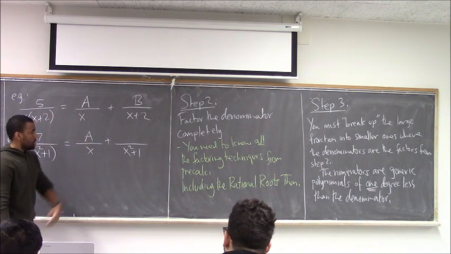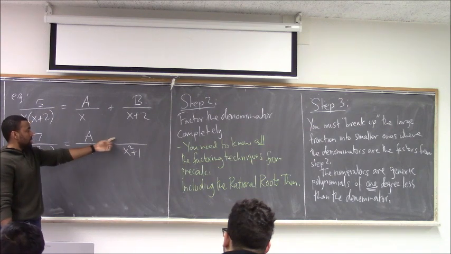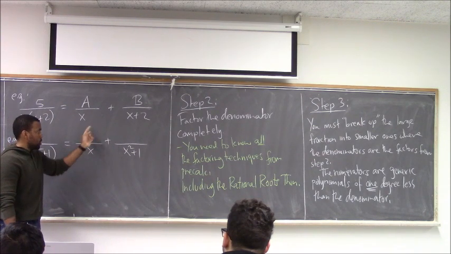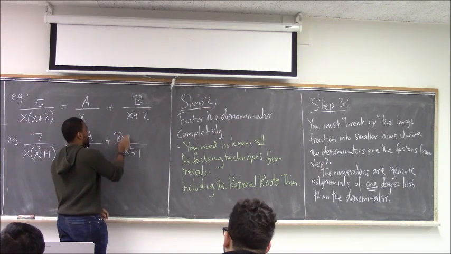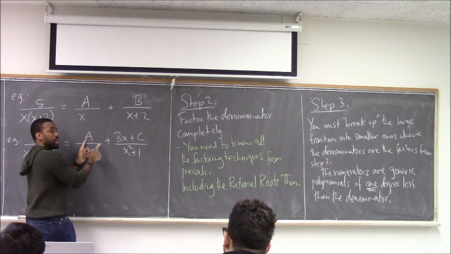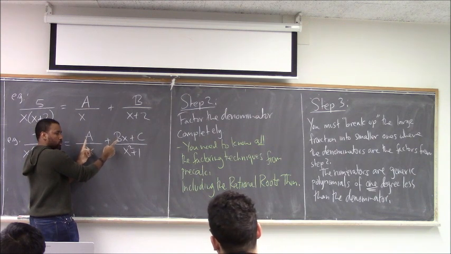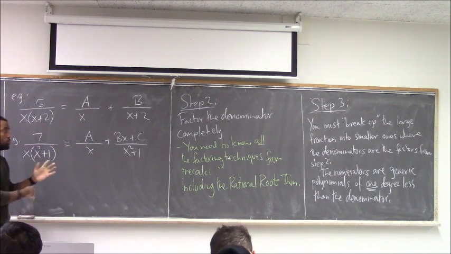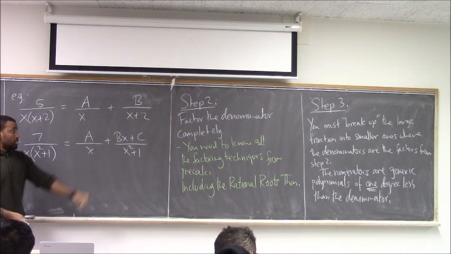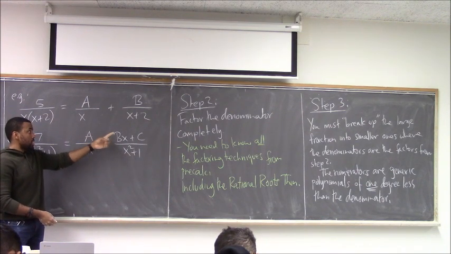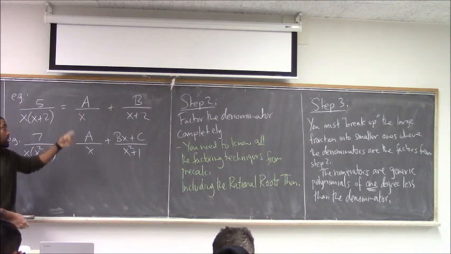Over here, you have degree 2, so the top must have degree 1. How do I write something that looks like Bx plus C? Do not reuse the A because you don't know ahead of time that those 2 are going to be the same numbers. So you use different letters. So if it's quadratic on the bottom, it needs to be linear on top. If it's linear on the bottom, it needs to be a constant on top.